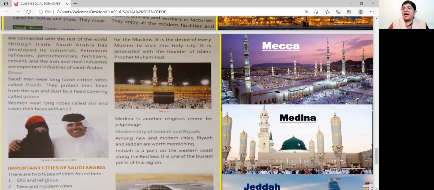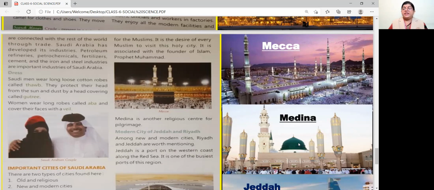It is the desire of every Muslim to visit this holy city. It is associated with the founder of Islam, Prophet Muhammad. Everyone has a wish: I should go to Mecca once, because it's their holy place.